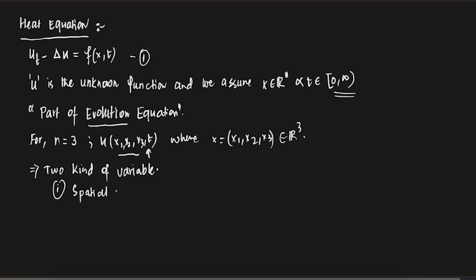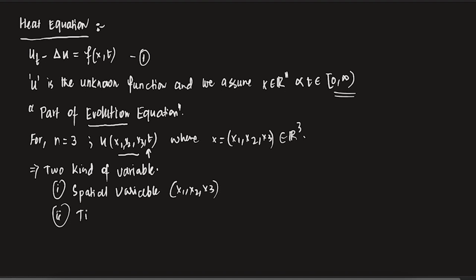What is the spatial variable here? Not xyz, but x1, x2, x3. Since I wrote x is in R3 here, I can't use xyz. So x1, x2, x3 is the spatial variable. And there is another variable which is the time variable, right?